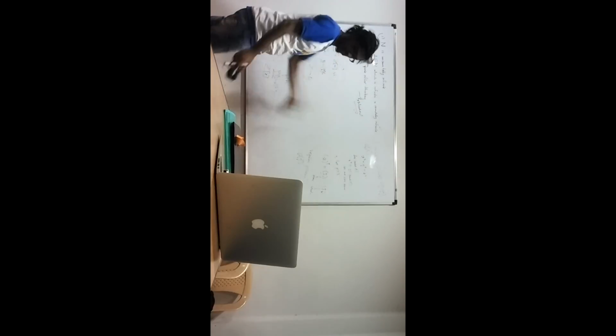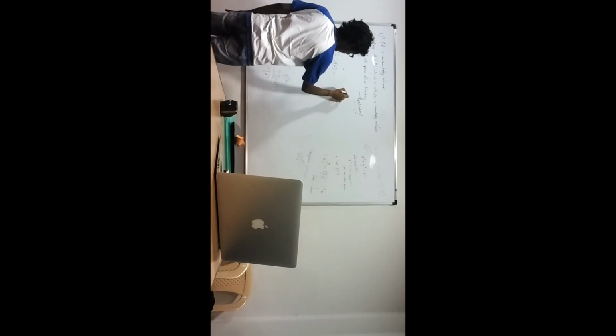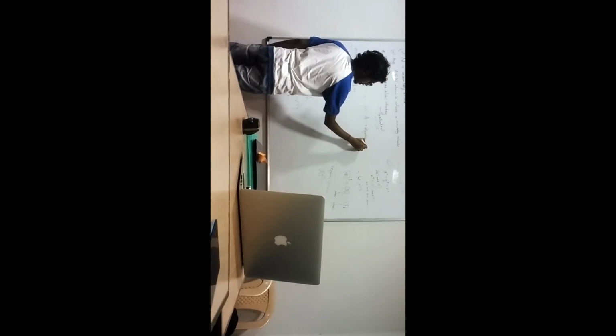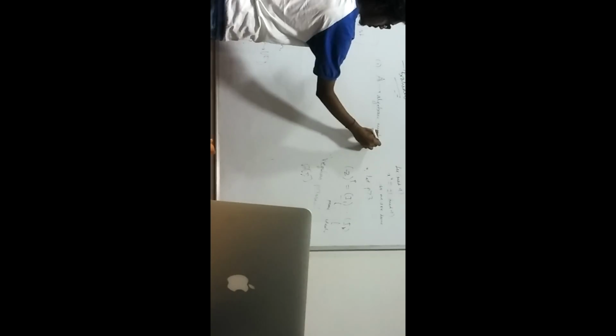Whatever I told you right now is just the sufficient background which you need. So the first thing I showed was that the set of all algebraic numbers, meaning roots of polynomials with coefficients in Q, is a field. Everything is in C. Yes, of course.